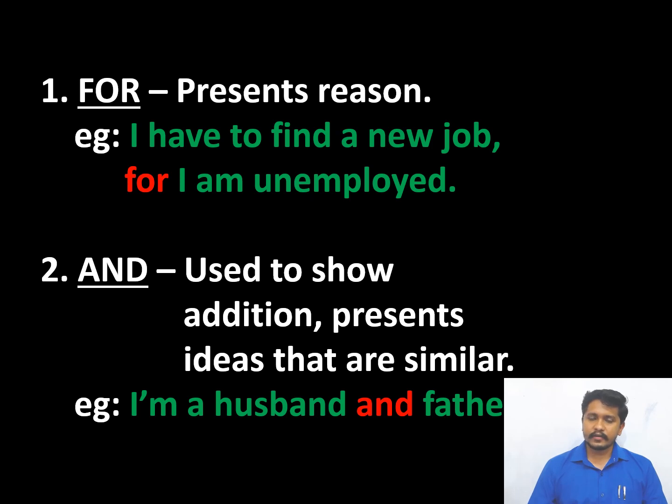Otherwise, if words are joined by a coordinating conjunction, or one independent clause and one phrase, or phrases are joined, we don't use a comma. Remember, we use a comma only when the coordinating conjunction is joining two clauses. Okay.